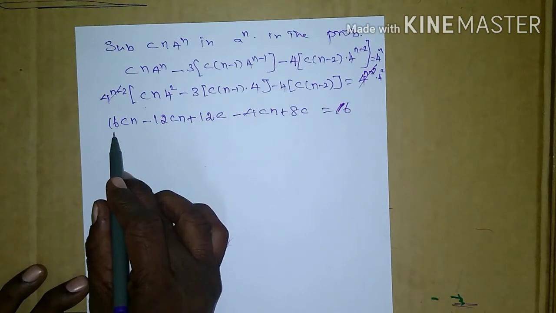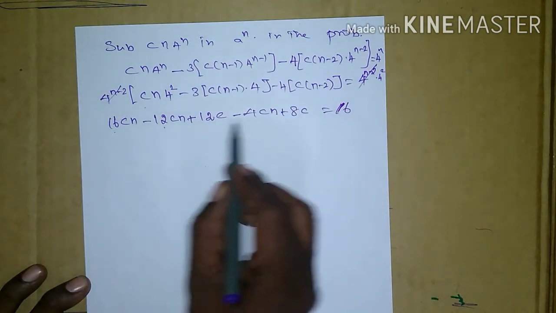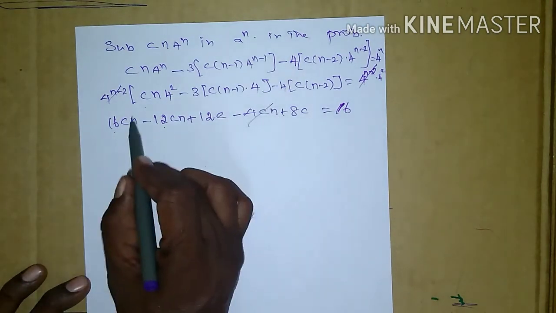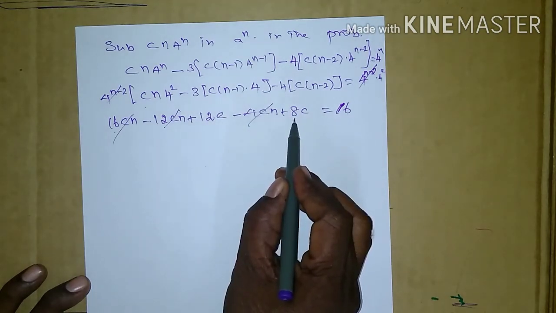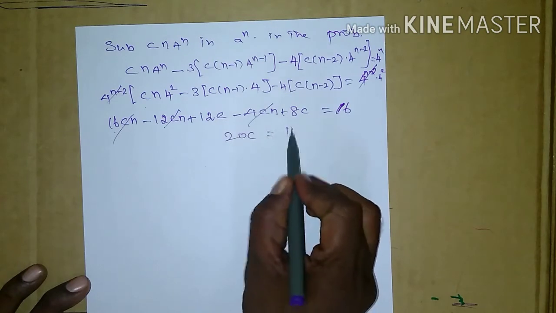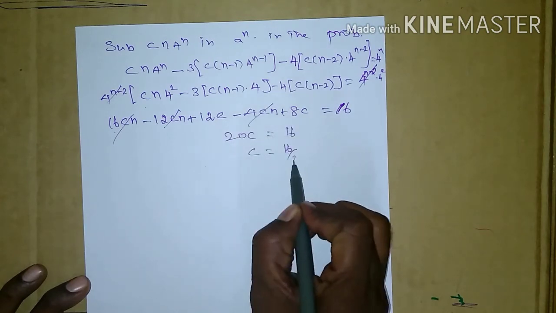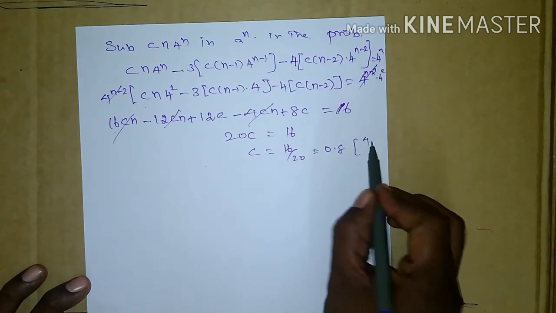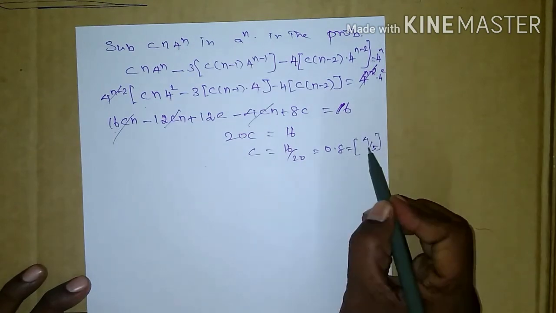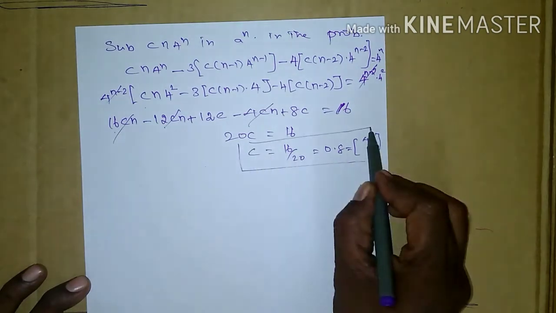Therefore 16 Cn minus 12 Cn minus 4 Cn cancel. 12 C plus 8 C, this is 20 C is equal to 16. C is equal to 16 by 20 equal to 0.8, or we can write it as 4 by 5.